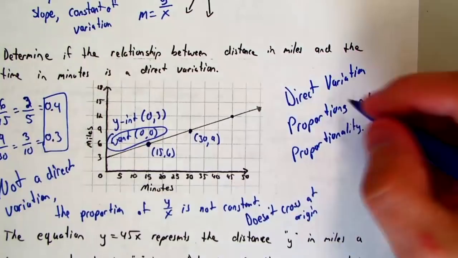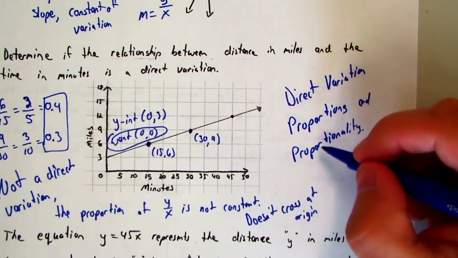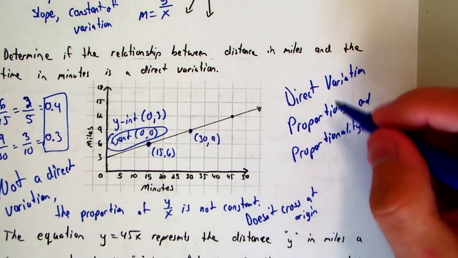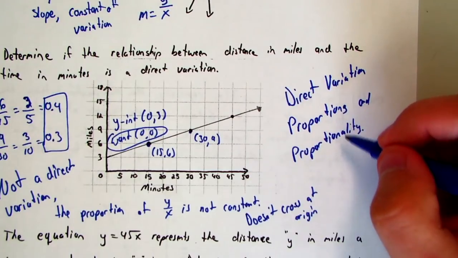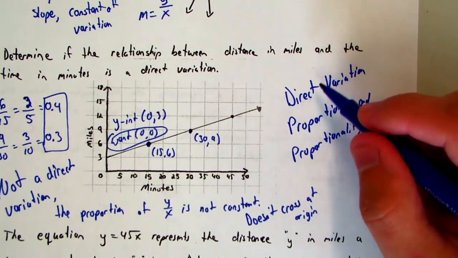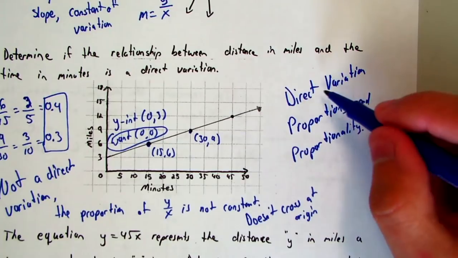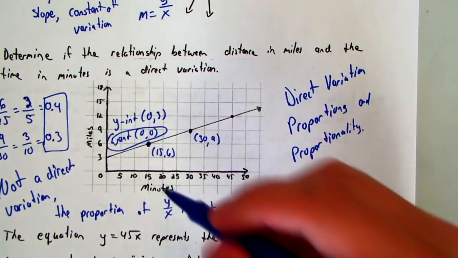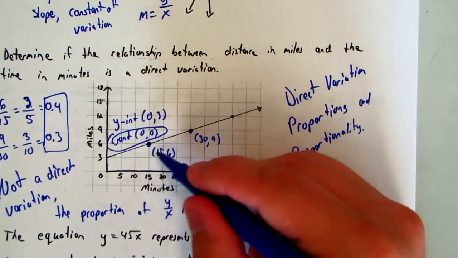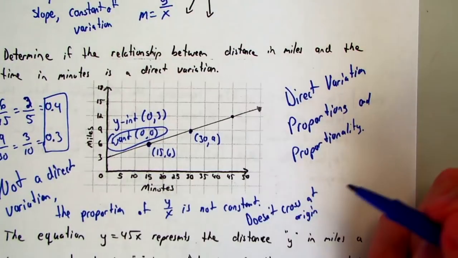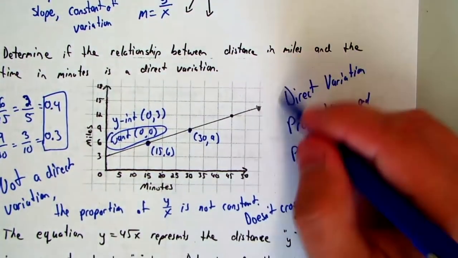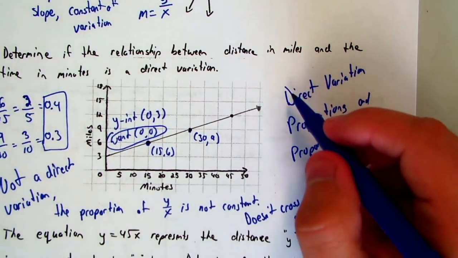So direct variation and proportional graphs are the same thing. We call them something slightly different because when it comes to proportions, we're really looking at simply how the y and the x, the input and the output, relate to each other. With direct variation, we're talking about how they relate to each other.